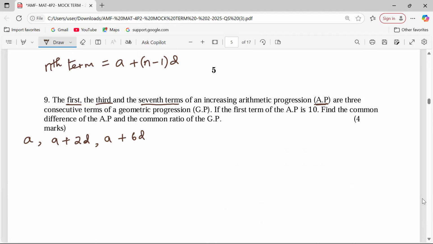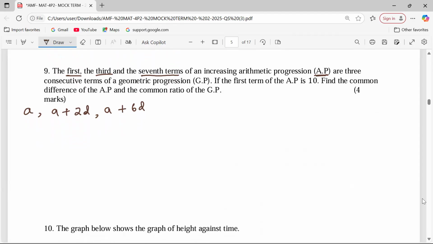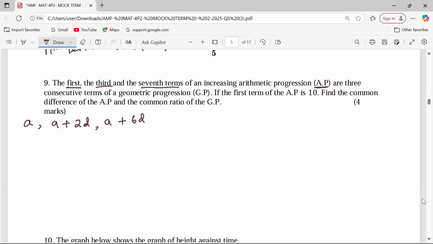But now when arranged in that order, they become consecutive terms in a GP. If they are consecutive terms, then it means we can realize a common ratio amongst them. So how do we work that out?